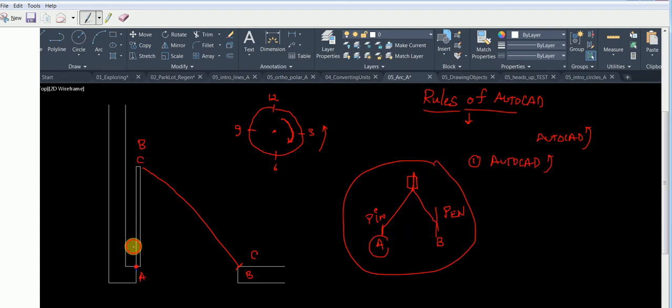If I keep the pin here and the pencil here and go like this, we are able to draw an arc. Same story if I keep the pin here, start here and come down, I should get the same answer, isn't it? I draw the arc like this, I draw the arc the other way, I should get the same answer, isn't it?